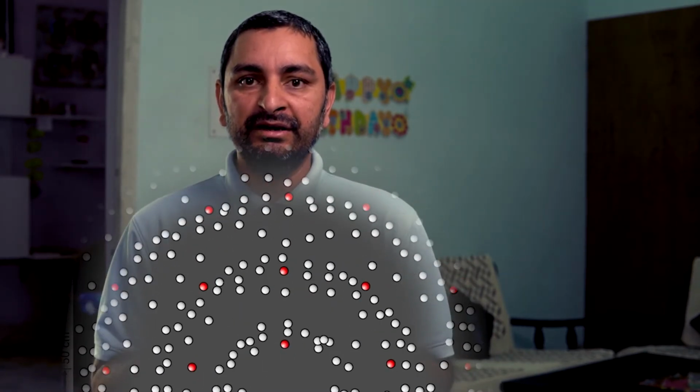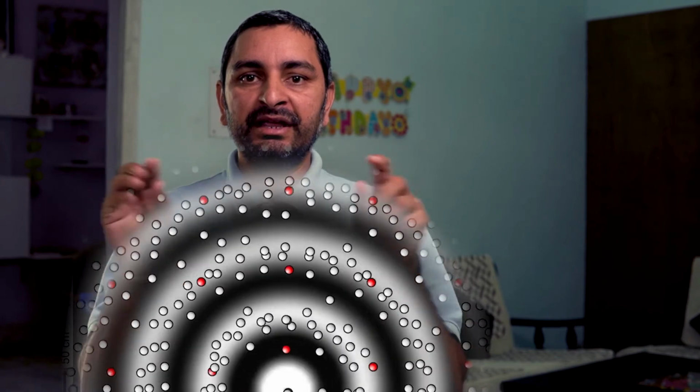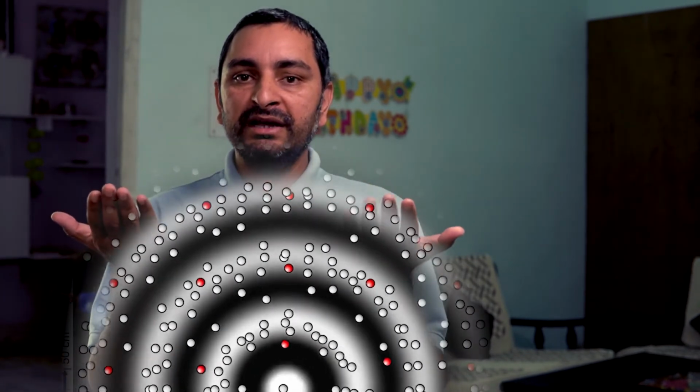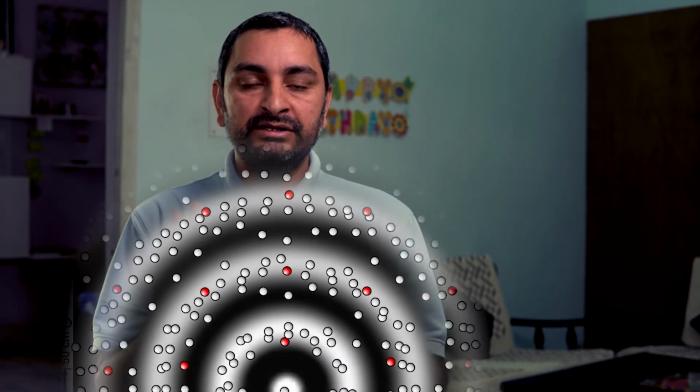You can see a lot of particles which are vibrating in the same phase, or in the same circle. Some are on the upper side and some are on the down side. So upper sides are in the same phase, down sides are in another phase. So all the particles in these circles are in the same phase. So these are known as wave fronts.